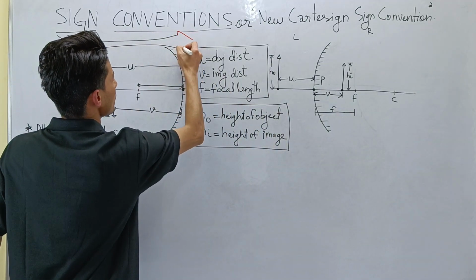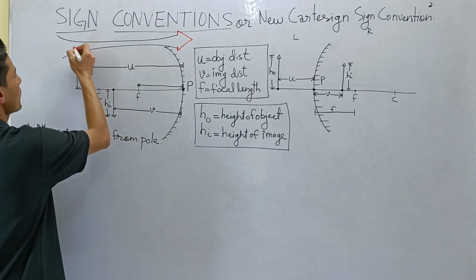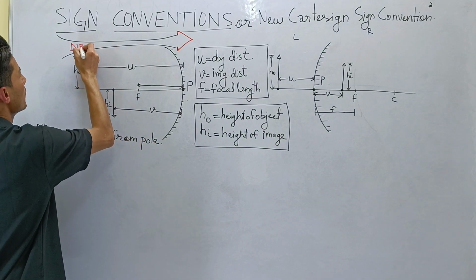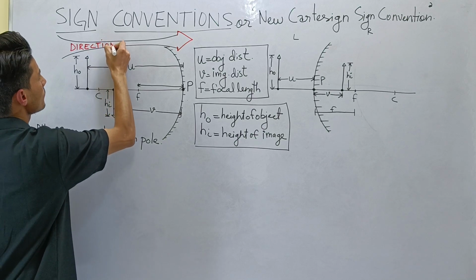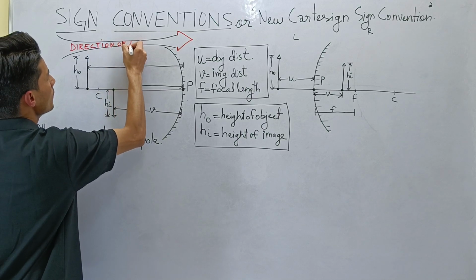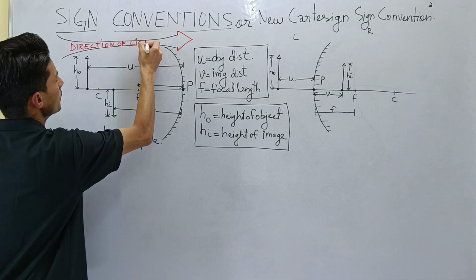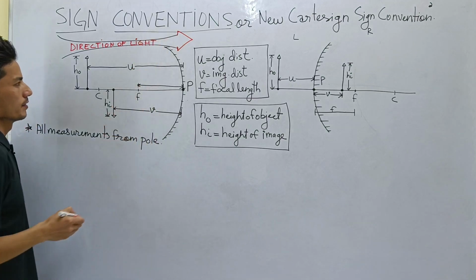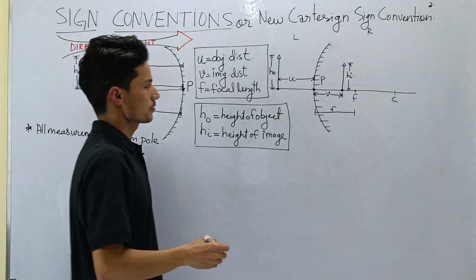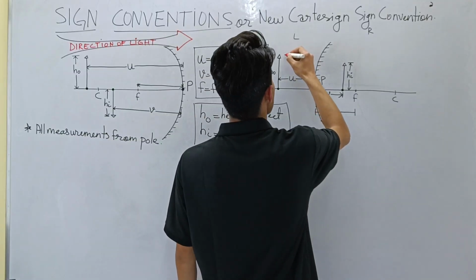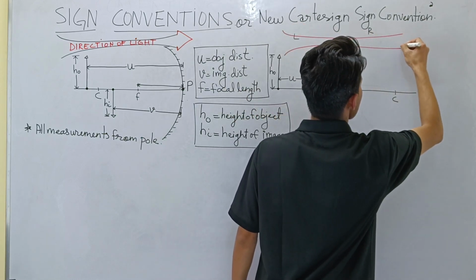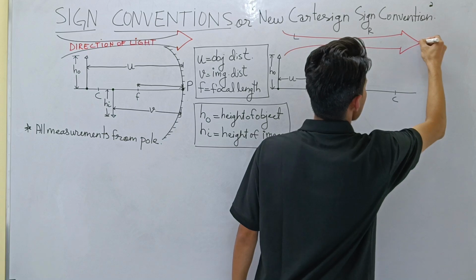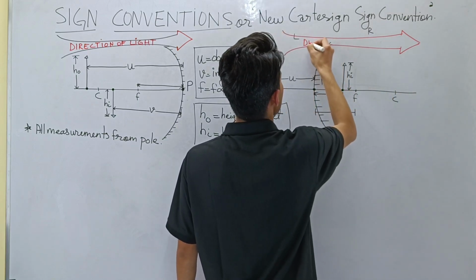So let me just start from here. Okay. And I will write here, direction of light. This is the direction of light. Let me draw another one here also. So from here, this is the direction of light.